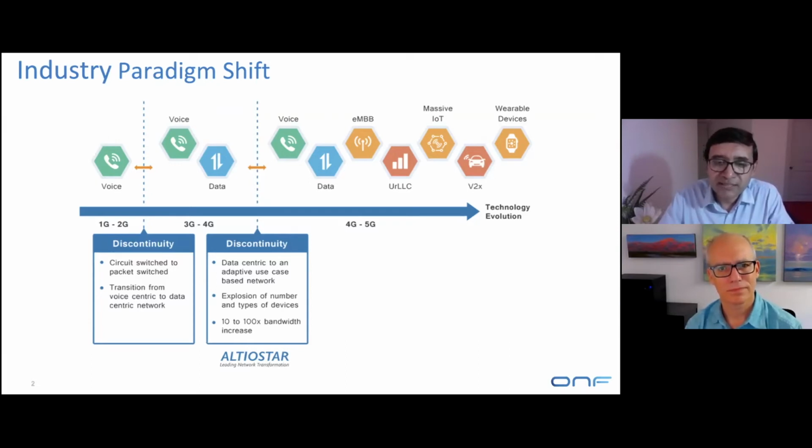So that's one thing. These different use cases are also resulting in a requirement to support thousands and hundreds of thousands of devices per site.